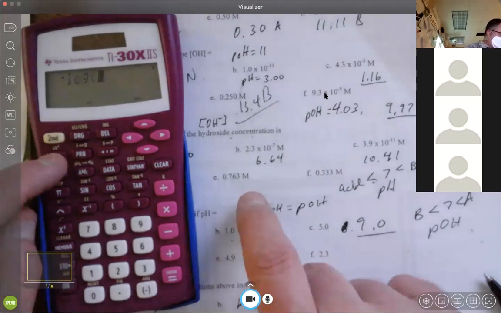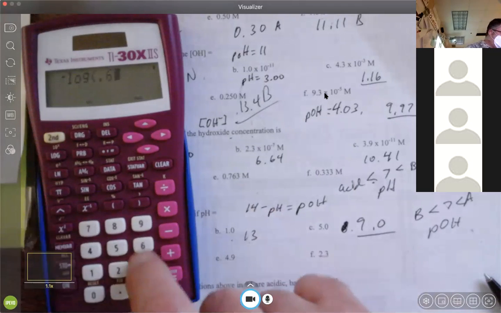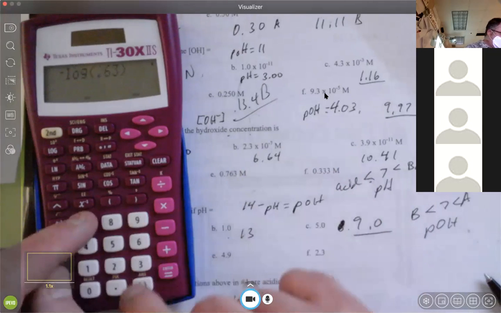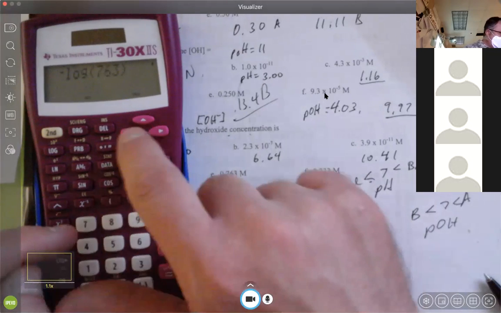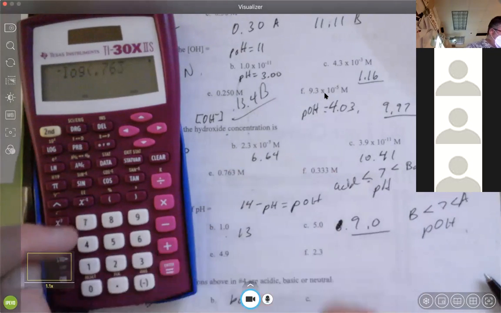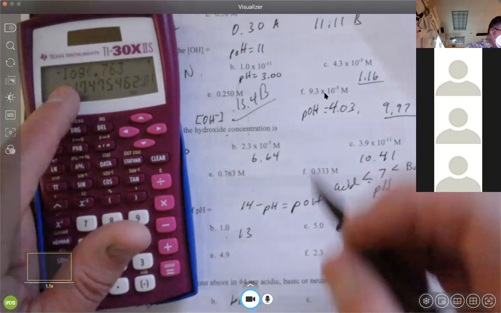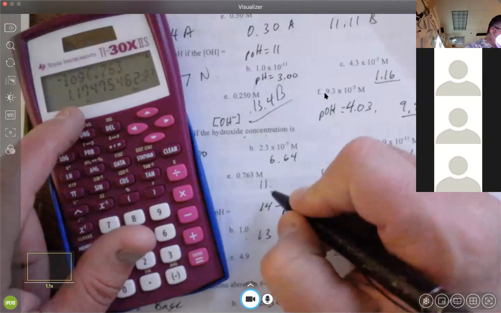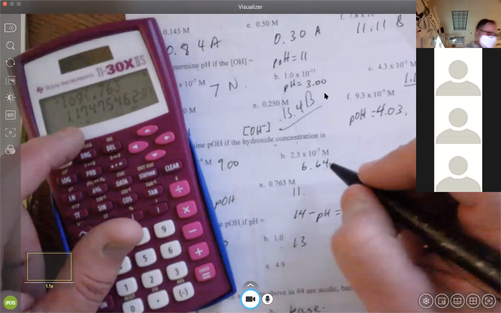0.763. I have calculators on the wall if you need one. Oops, I did not press the 7 hard enough. 0.763. Boom. So we get the pOH of this being 11.75.